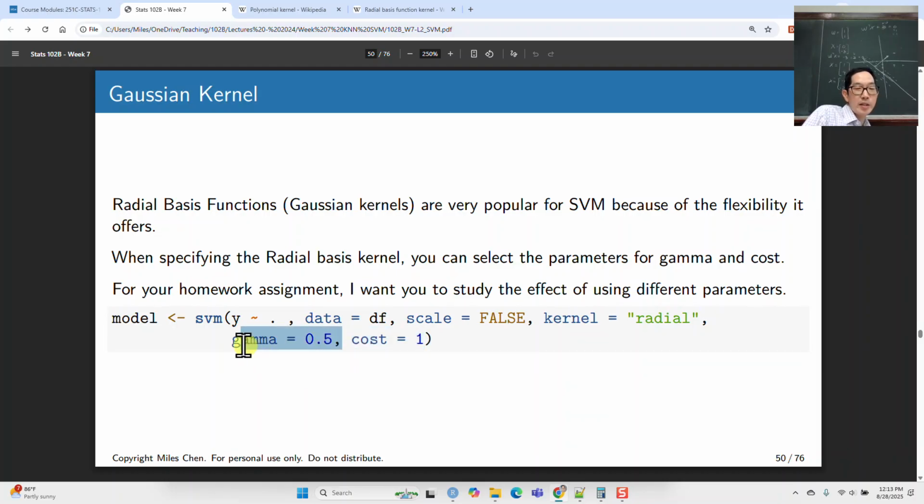The gamma factor here is going to affect basically how flexible our boundary can be drawn. So I would say the gamma is kind of like, are you using a fat cable to separate it, right?